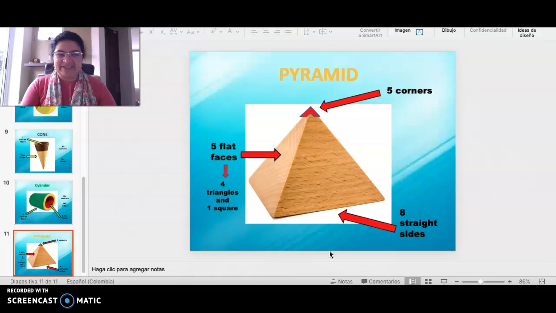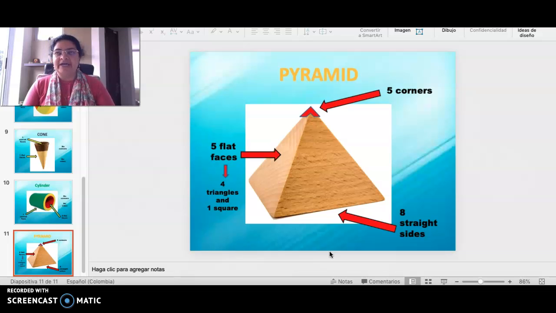Now, people, now that you have already checked the 3D shapes, what are you going to do? You are going to look for 3D shapes all around your home. So, for example, in my house, I found that markers are cylinders. I found that my printer is a rectangular prism.